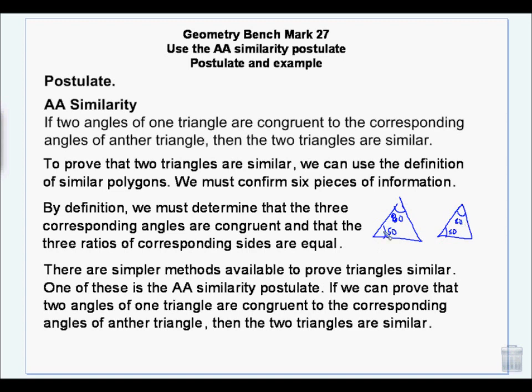I have 80 and 80 and 50 and 50. That adds up to 130. That adds up to 130. So I know that the leftover angle here has to be 50, and here has to be 50 also, right? And that's just from subtracting angles.